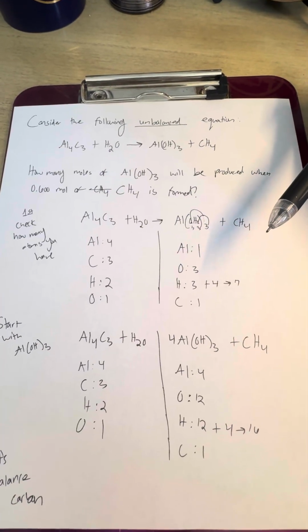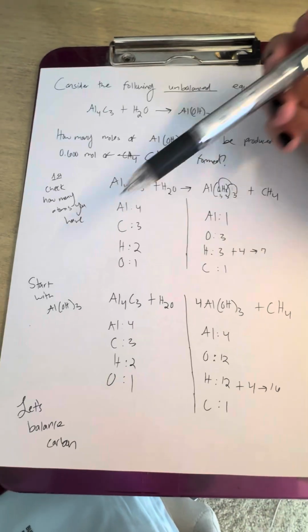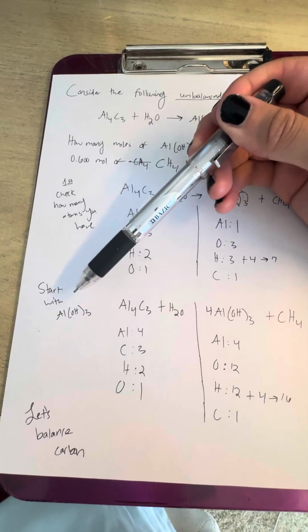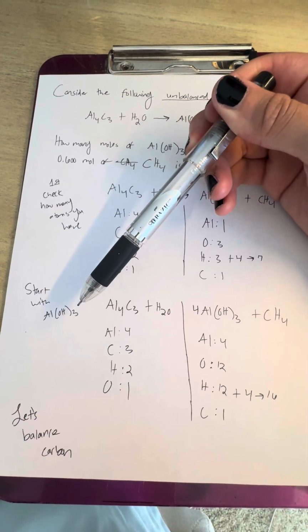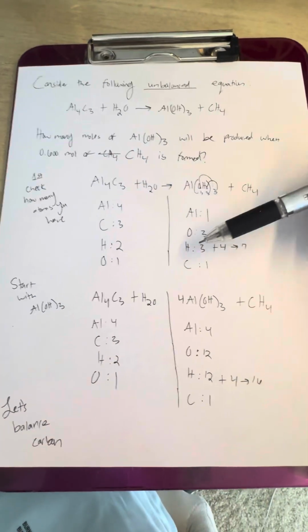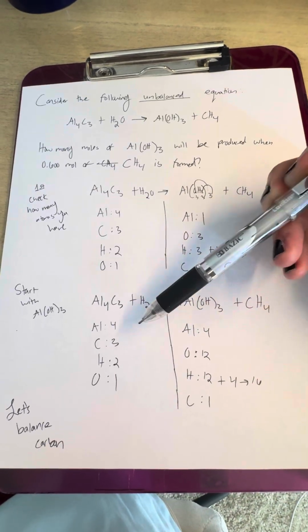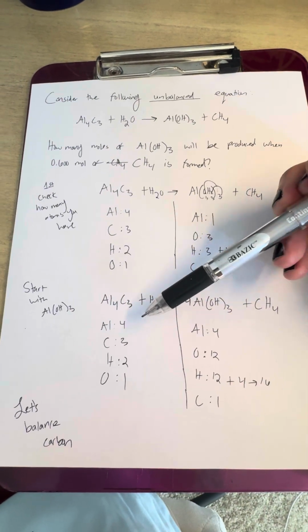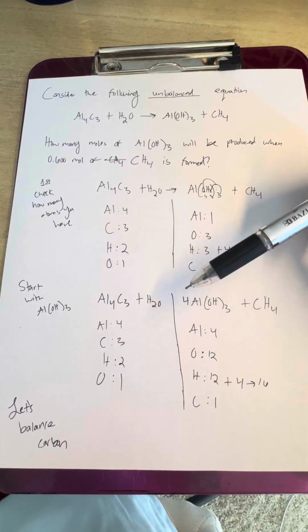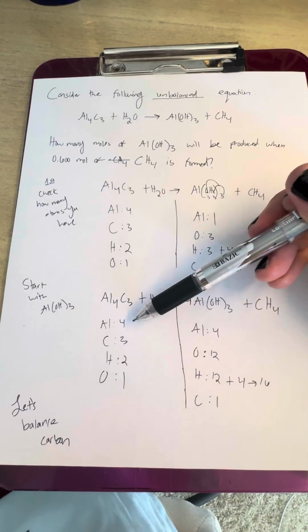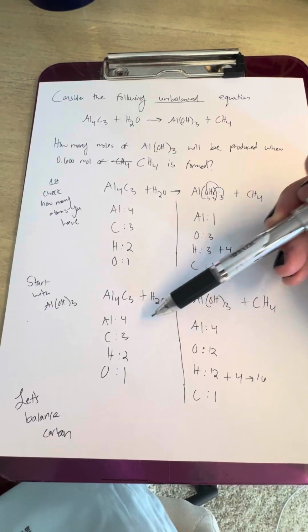And so let's attempt to balance everything. So I would start with the most complex molecule that you have, which is the aluminum hydroxide. And I would just start with the goal of getting the aluminums balanced. So we put a 4 in front to help us get the 4 of aluminum to get these to match up.